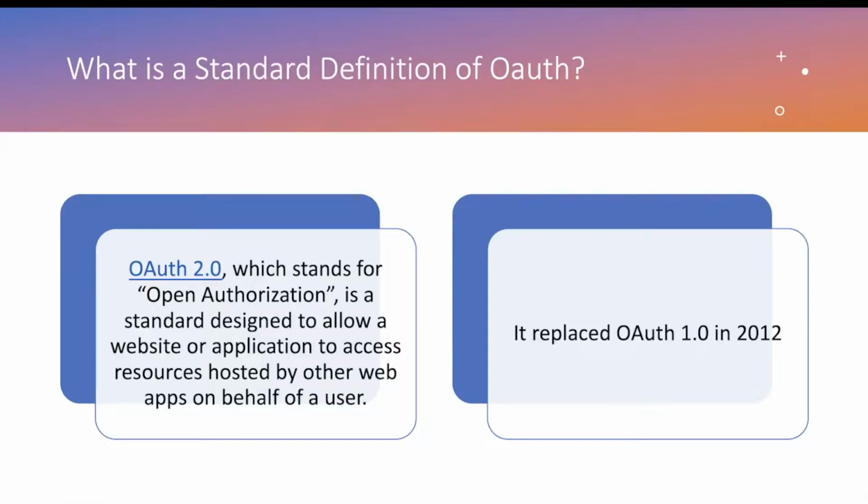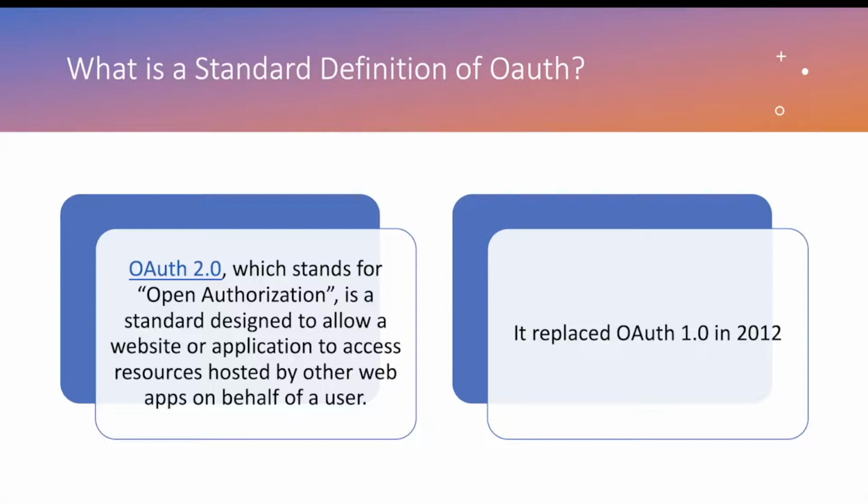What is a standard definition of OAuth? OAuth stands for Open Authorization. It is a standard designed to allow a website or application to access resources hosted by other web app on behalf of a user.